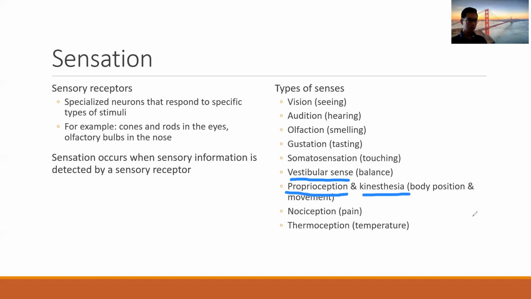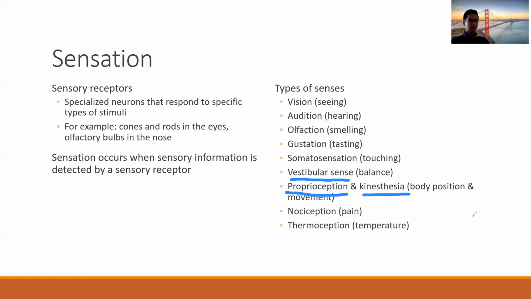Also, we have a sense of pain. If we get hurt, if we are attacked, we have a feeling of pain, right? So it's a specialized kind of sensory receptor that captures that kind of feeling. It's called nociception. Normally the sensory receptors for pain are located inside the skin.